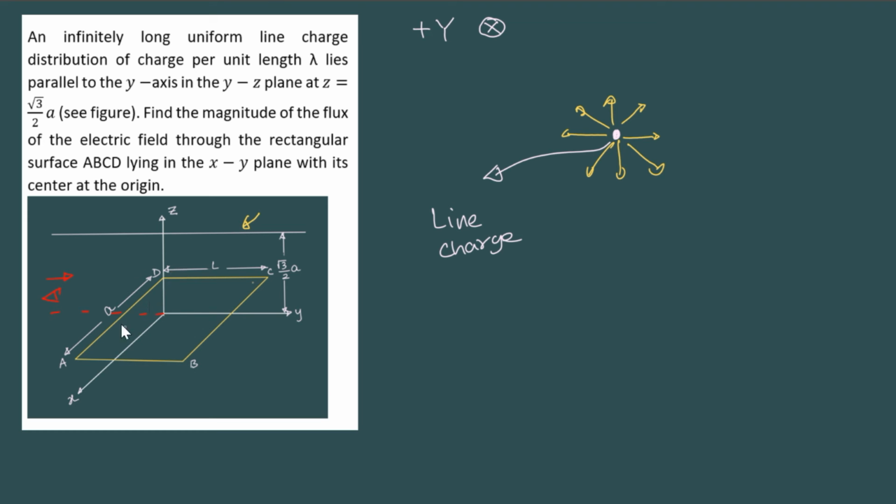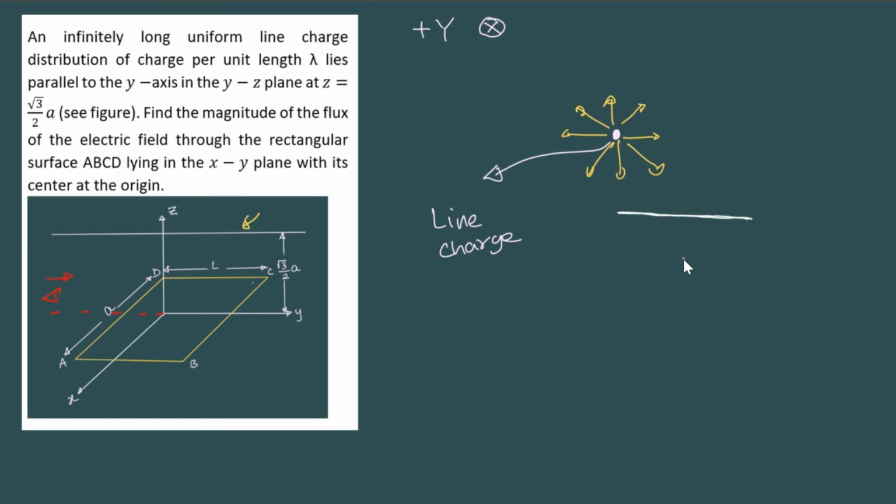So DA gets projected along the y-axis. At some distance below the wire, I am looking at this line. Now, how do I calculate the flux through this?